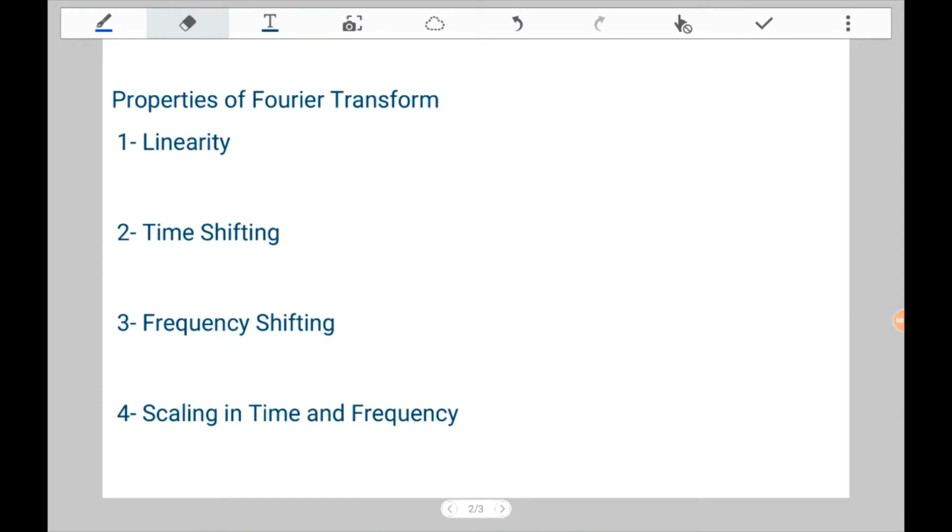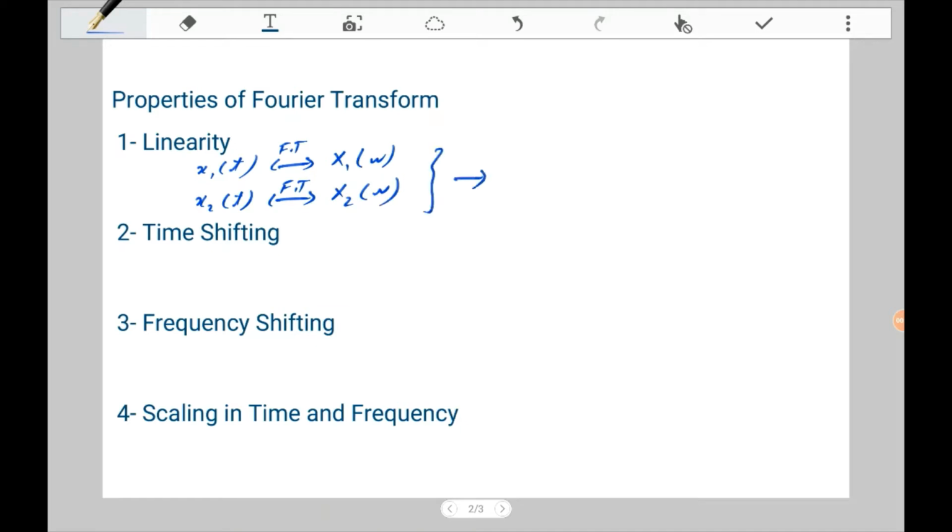The first property of Fourier transform, linearity, states that if we have two signals x1 of t whose Fourier transform will be X1 of omega, and the second signal x2 of t whose Fourier transform will be X2 of omega, in that case, the Fourier transform of a1 x1 of t plus a2 x2 of t has to be a1 X1 of omega plus a2 X2 of omega.